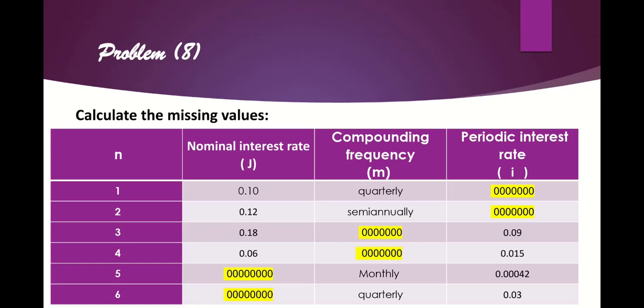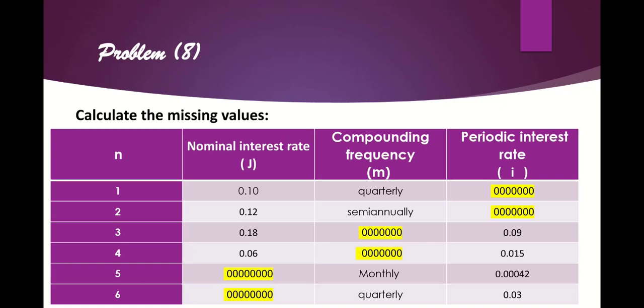And for numbers 5 and 6, J equals M times I. We know that M in number 5 will be equal to 12 because it's monthly.